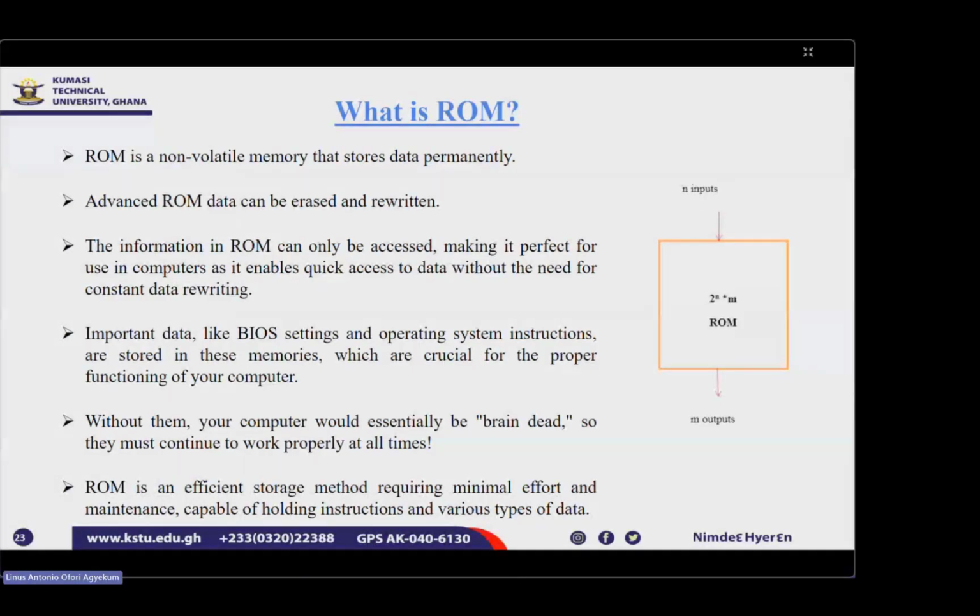All right. Now, the ROM is a non-volatile memory that is used to store data permanently. So in some applications, for instance, when you take a printer, you realize that when you start it, it has some software on it that will normally help to start the printer.